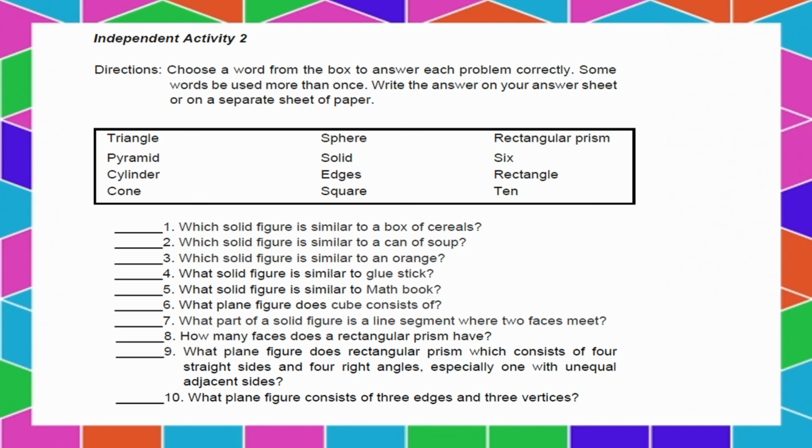And number 10, triangle. Write your score. If you got 8, 9, or 10, again, good job because you passed this activity.